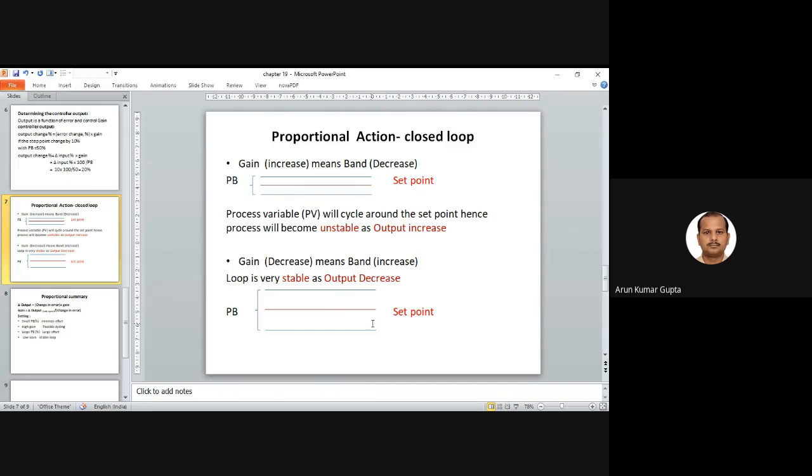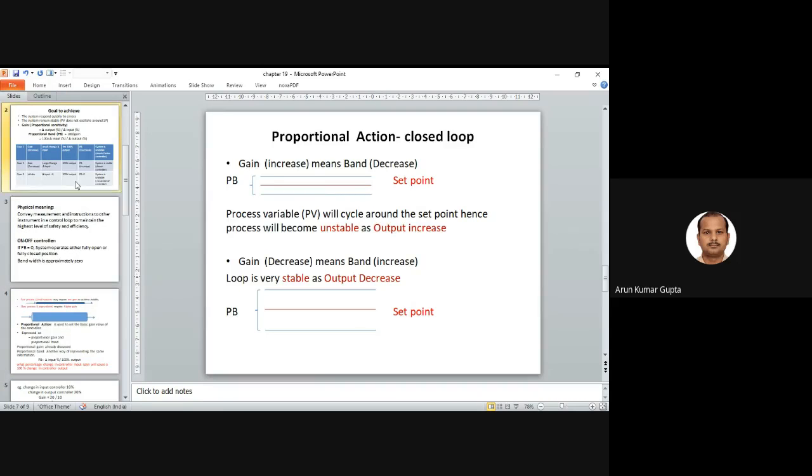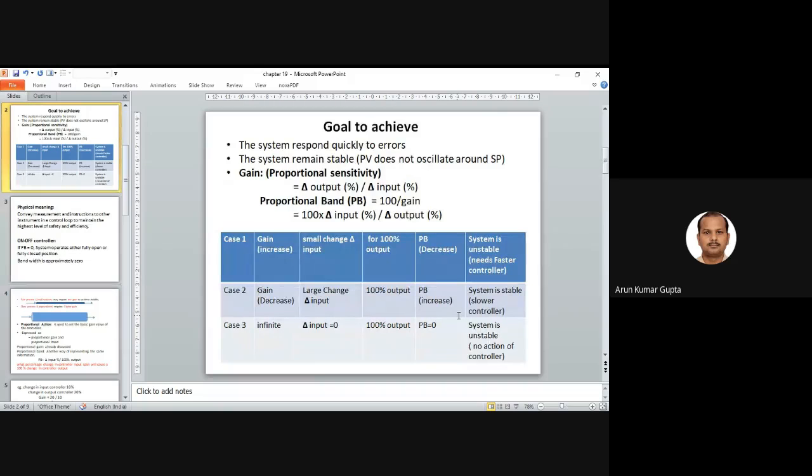So you can say the system is more stable. Loop is very stable and output will decrease. This is the graphical way how we define the band and the gain. Okay. This way I am giving you another aspect, the mathematical aspect, of defining stability and instability.